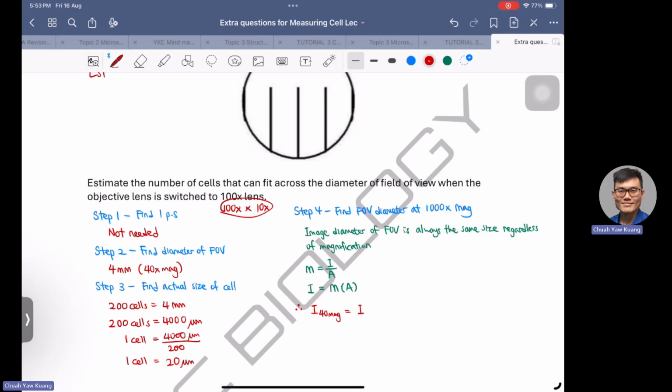The image diameter of the FOV at 1000 times magnification is the same.